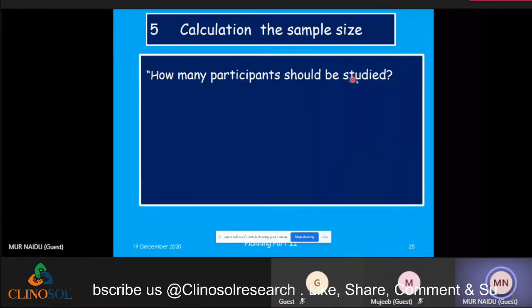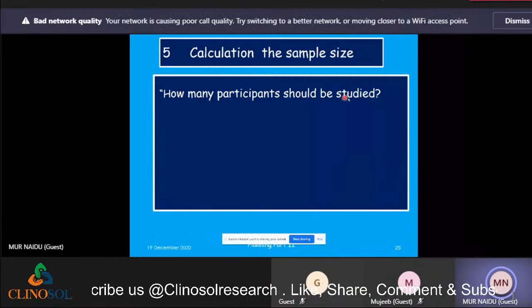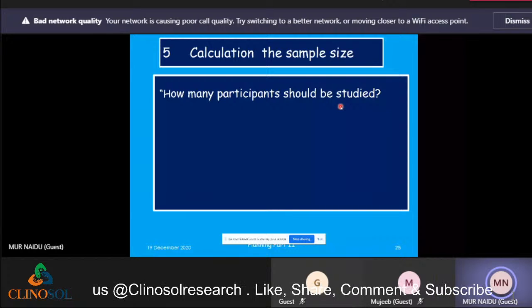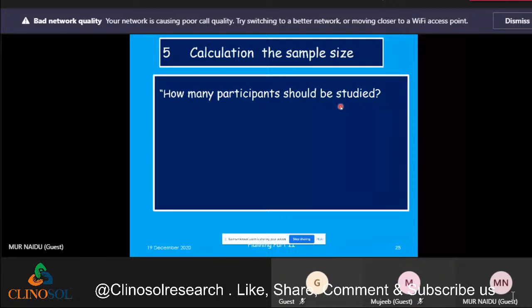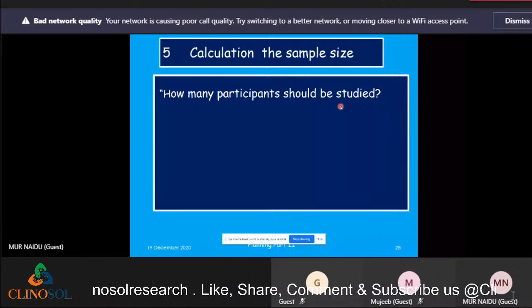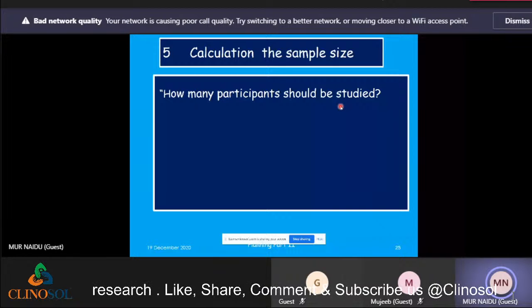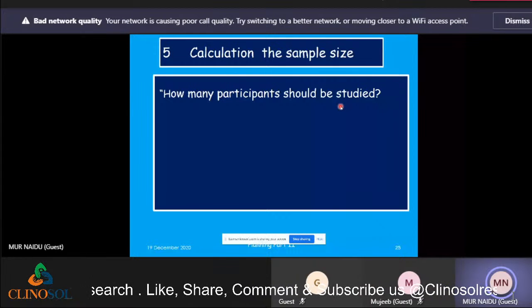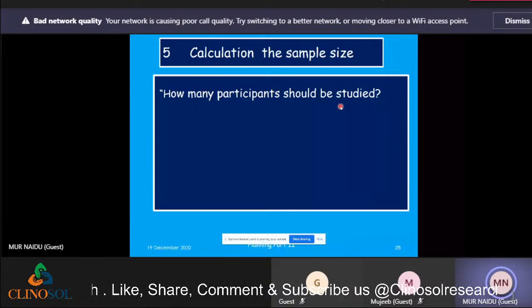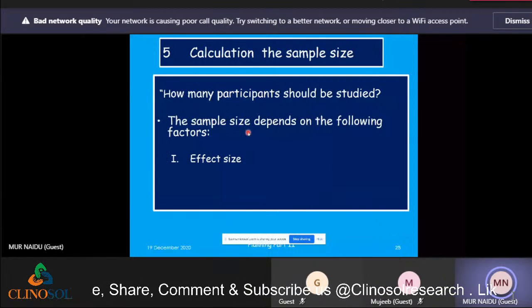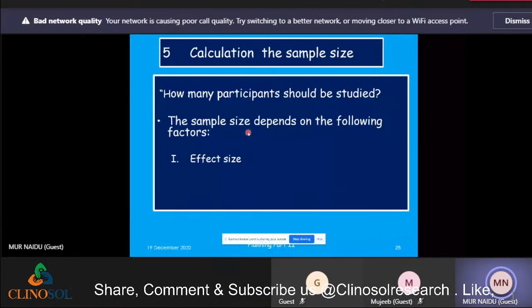You should always remember that you must know the factors which you want to check. I again give an example: suppose you want to do a study in hypertension, how much fall in diastolic pressure with your drug you want to know is your effect size.